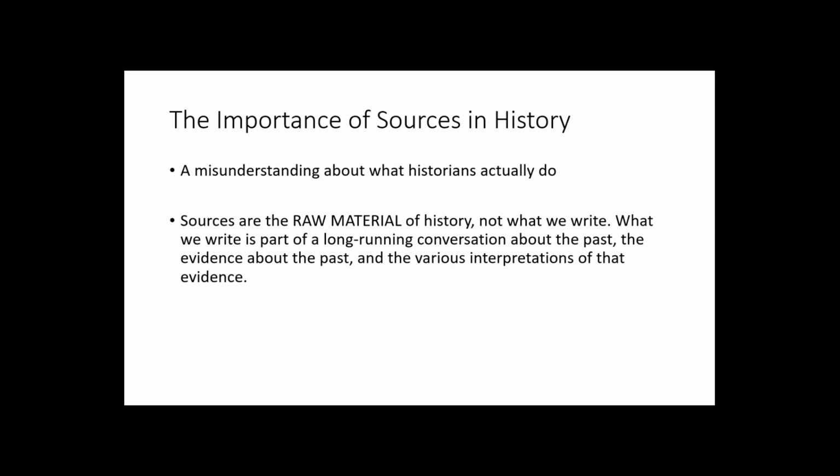What historians write, and what other people who write history are writing, is, at least in the field of history, part of a long-running conversation about the past, but significantly about evidence about the past and the various interpretations of that evidence. If you were to take an upper-level history class, you'd spend a lot of time specifically talking about the last part of that, the various interpretations of evidence that occur.